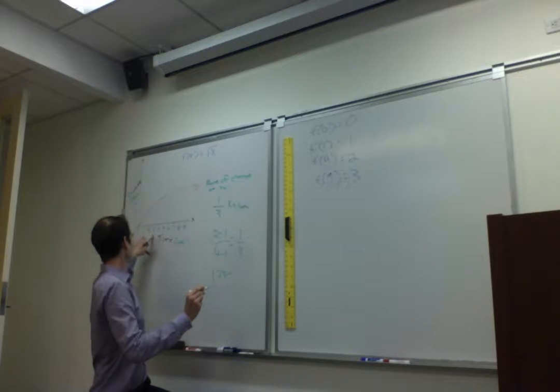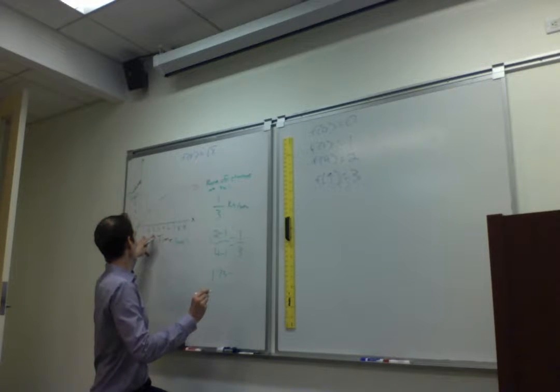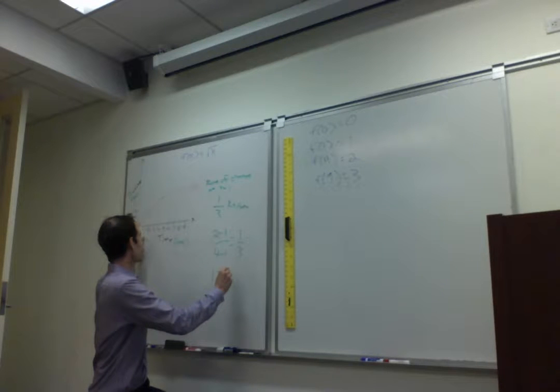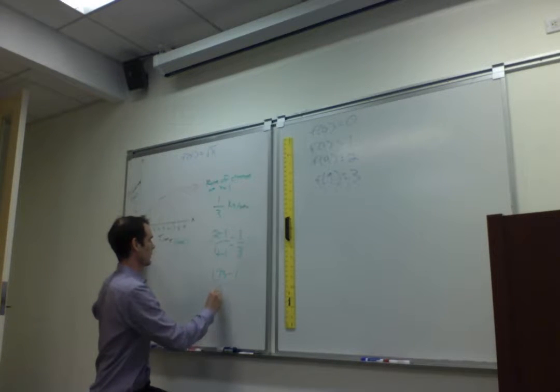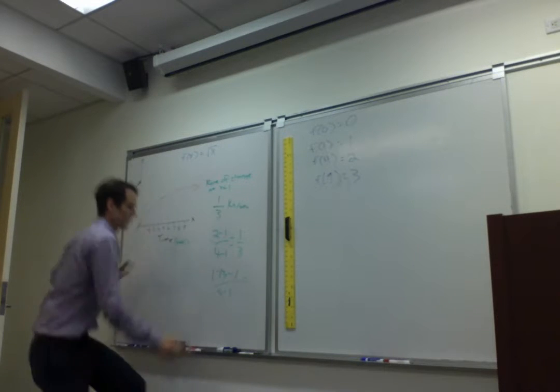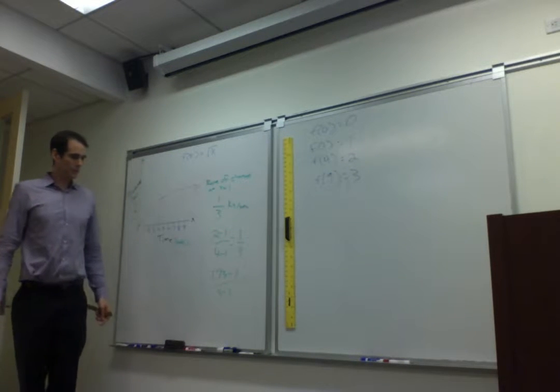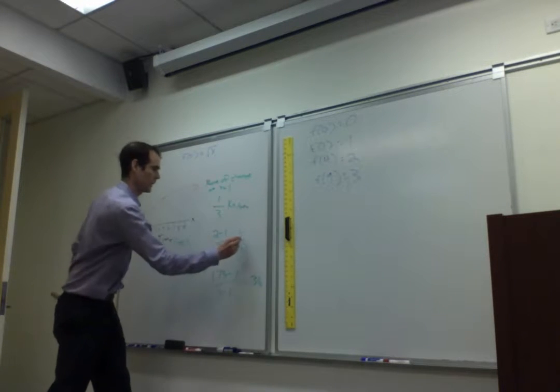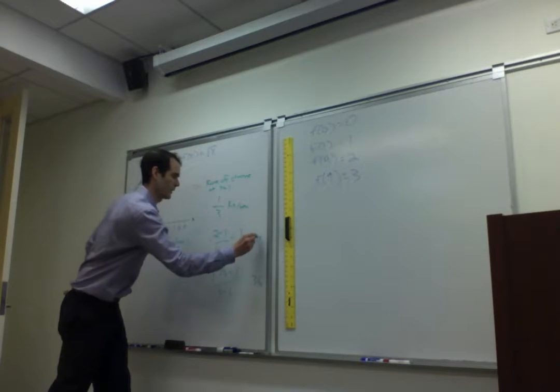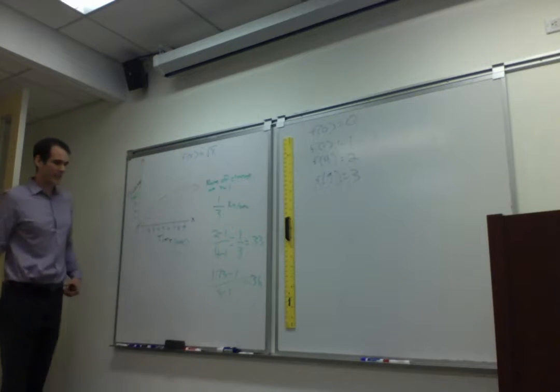So at 3, it would be 1.73 minus what was the distance at t equals 1? It was 1, right? Minus 1, over 3 minus 1. What do we get when we do that? 0.36. So 1/3 equals 0.33, and this is 0.36.